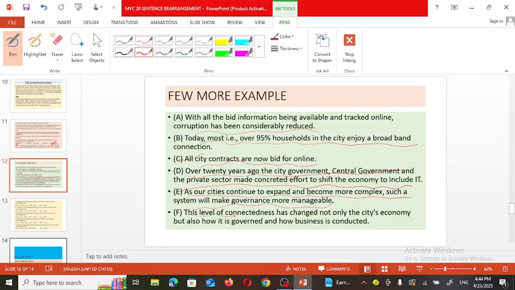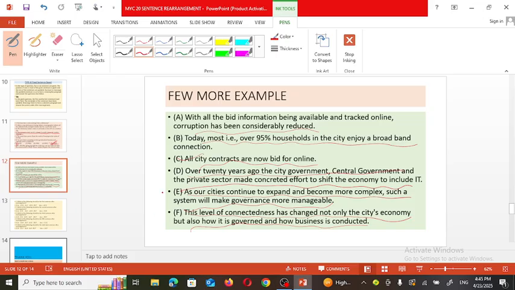This level of connectedness has changed not only the city's economy but also how it governs and how business is conducted. So first we need to read all these given sentences.